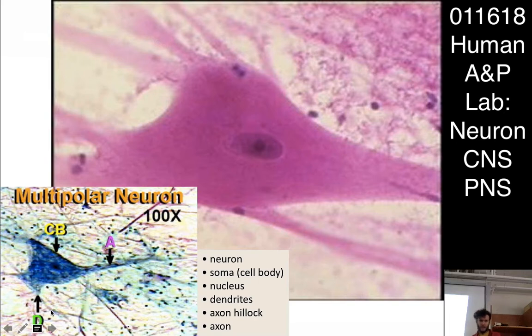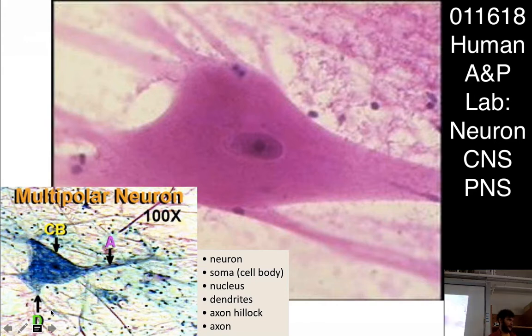a multipolar neuron. A multipolar neuron is the majority of the neurons in the nervous system. And here's the cell body, or the soma. You can see the nucleus in the middle. And then there are dendrites and an axon that comes off of it.